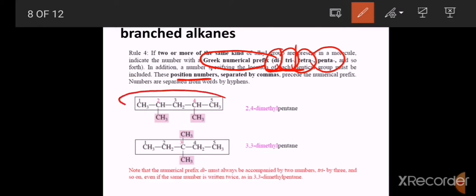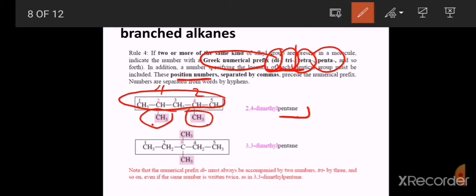So this one would be the parent chain. That's pentane. Okay. We had numbered this from left to right, or pwede ring right to left kasi parehas din naman na magbibigay ng 2 and 4. Parehas sila na methyl, pero magkaiba ng pinaglagyan.